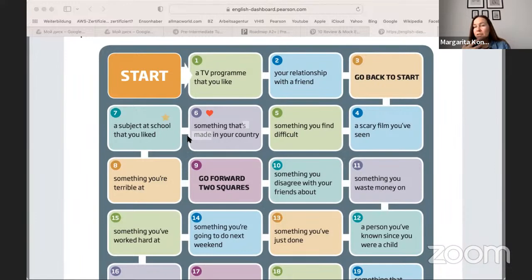Tell me please about the Kaliningrad region. What things are made in Kaliningrad? There are many products made in Kaliningrad.